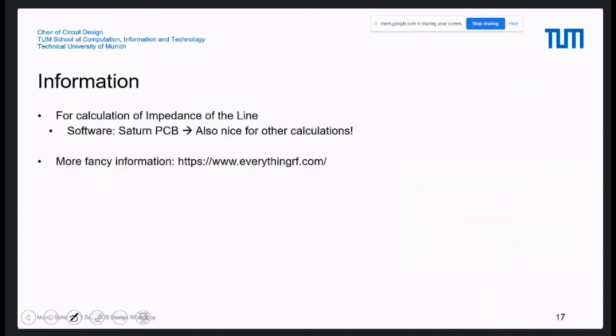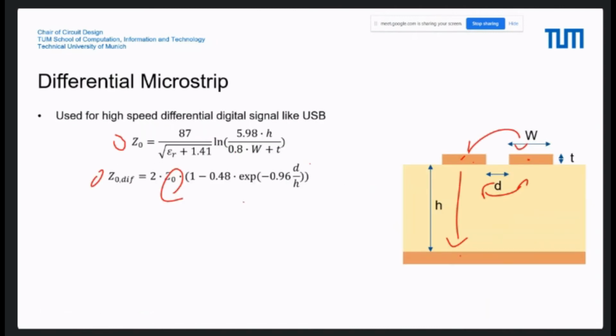Of course, you don't need to do hand calculation. There's a free software called Saturn PCB. With Saturn PCB, you can calculate your impedance. So you can put in your distance, your height, your width, your thickness, and you can say, okay, I have also a load impedance, and then it calculates your reflection factor, or how long your line can be, or what the width of your line is, or the distance between these two lines.